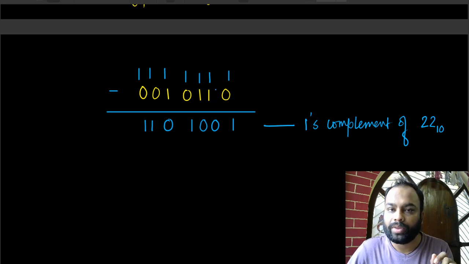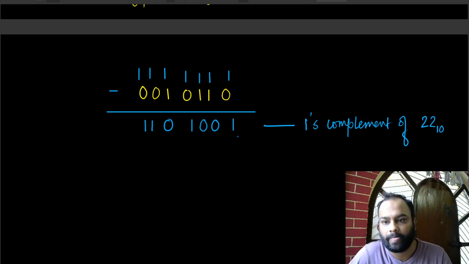What is the XOR of 1 and 0? That's 1. What is the XOR of 1 and 1? That's 0. What is the XOR of 1 and 1? 0. What is the XOR of 1 and 0? 1, and so on. That is how the computer actually calculates ones complement. But for us, this is what ones complement is.